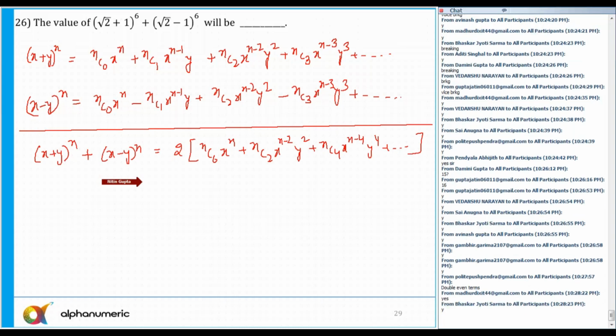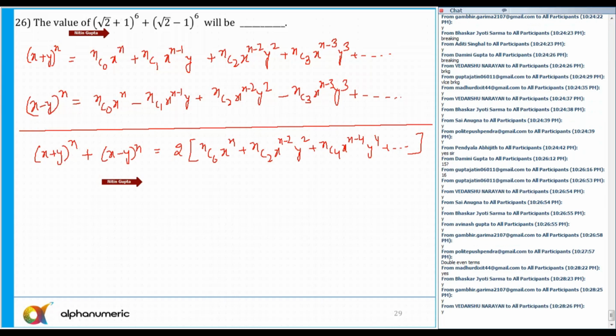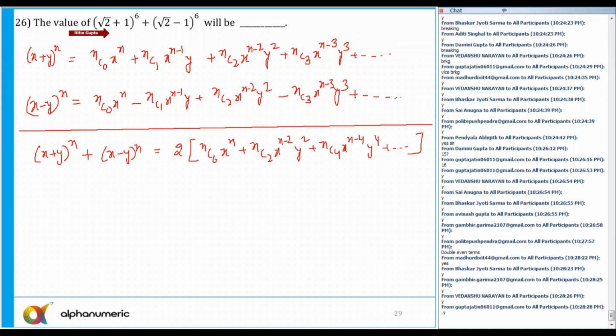So now tell me, here the value of x is equal to root 2 and y is equal to 1 and n is equal to 6. So what will I get? 2 into 6C0 and x is equal to nothing but root 2, so root 2 raised to power 6, isn't it?